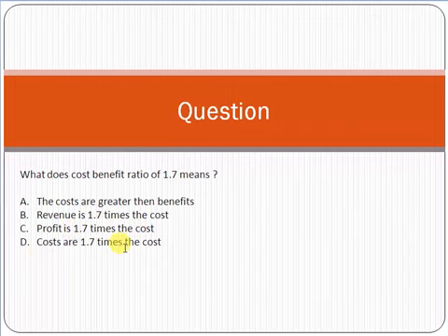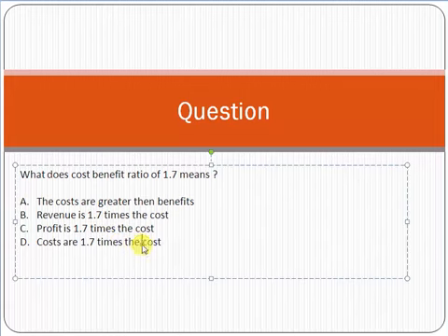D: costs are 1.7 times the profit. Which option will you choose, A, B, C or D?